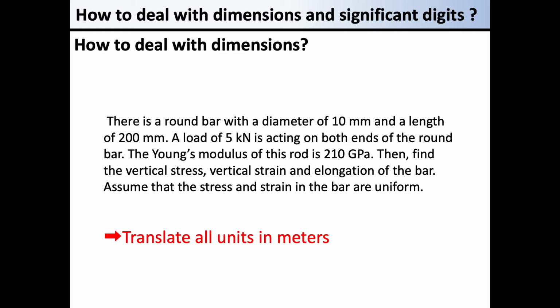Here, kilo is 10 to the power of 3, so it is equal to 5,000 newton. The Young's modulus is 210 gigapascal. Here, giga means 10 to the power of 9. Please correct these units and then perform the calculation. I want you to be able to perform this level of calculation without using a calculator.